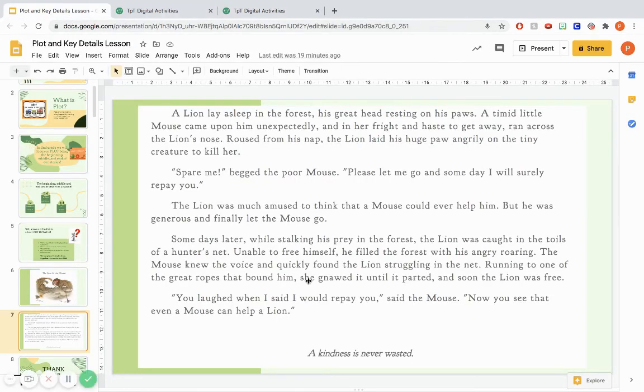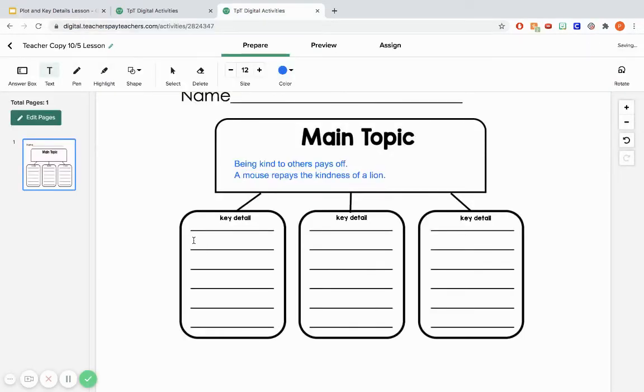So I'm going to think of a question I can ask. I can say, what is the problem or what is going on that is a problem in this story? So at the beginning, the mouse was caught by a lion. The lion let her go. That is an important key detail we need to know to understand this story.